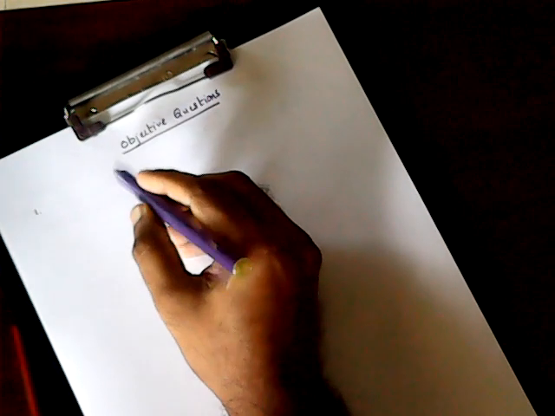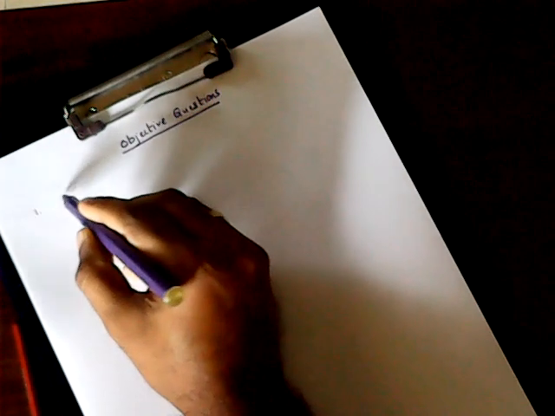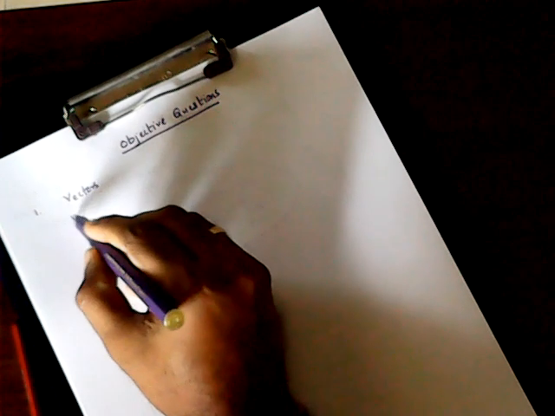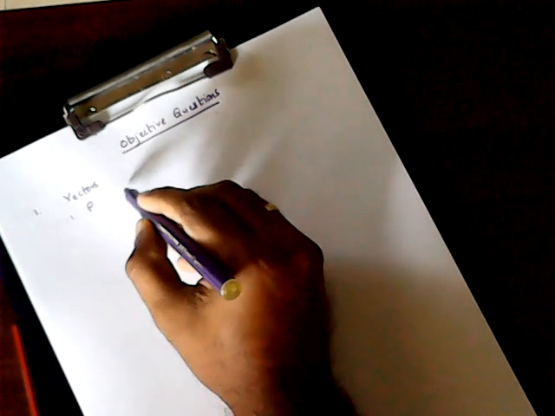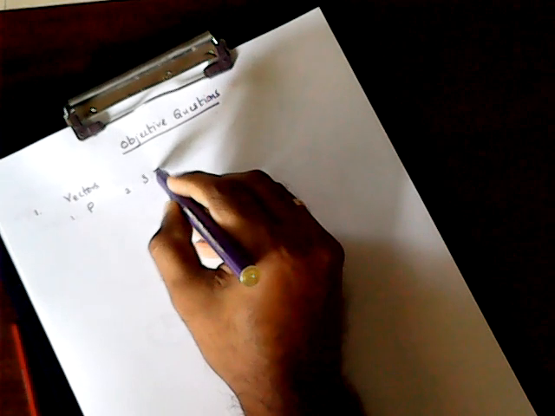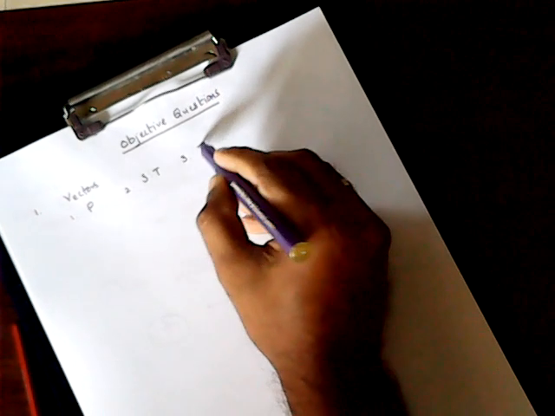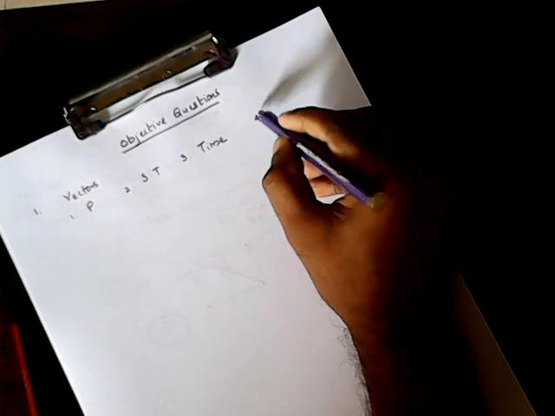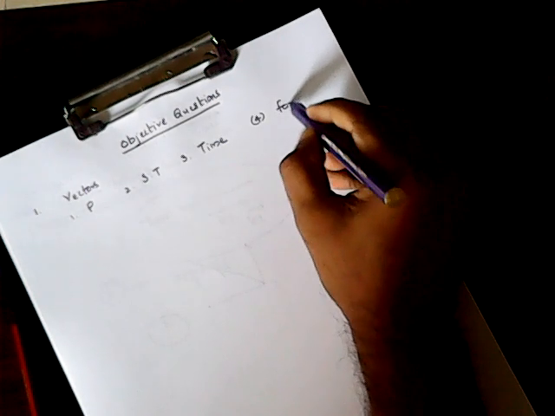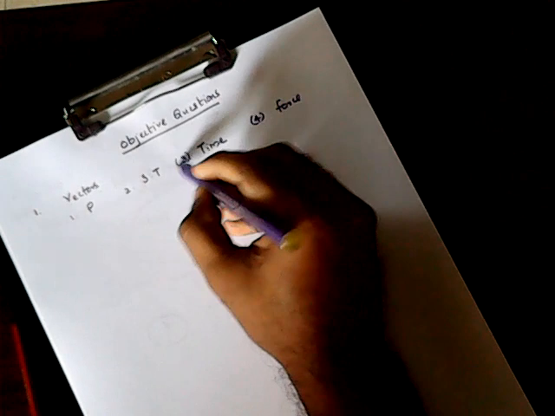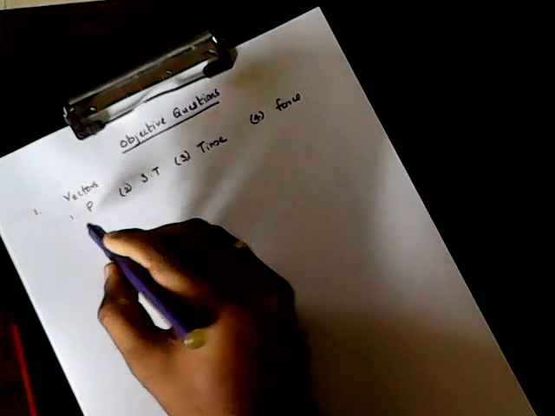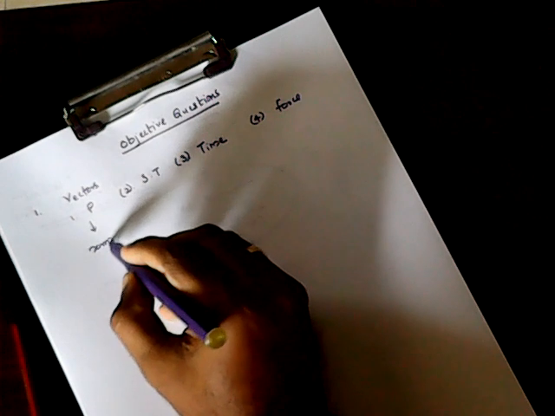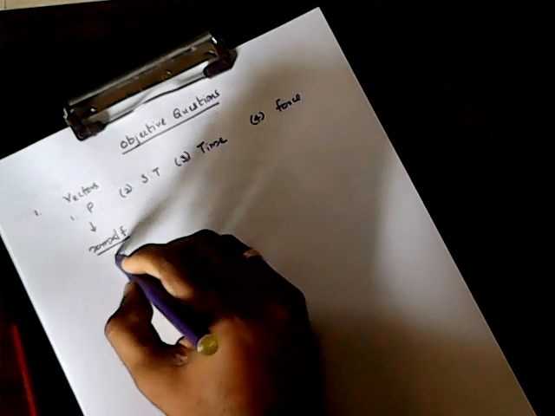So the first question: which of the following is a vector quantity? The choices are pressure, surface tension, time, and the fourth choice, force. Here pressure means the normal force acting per unit area.